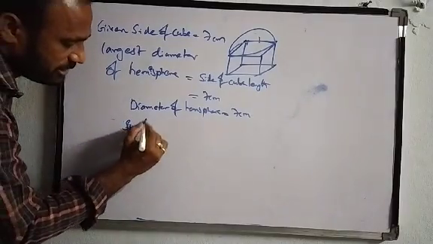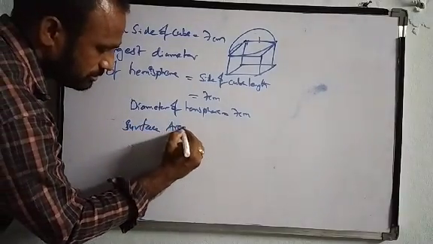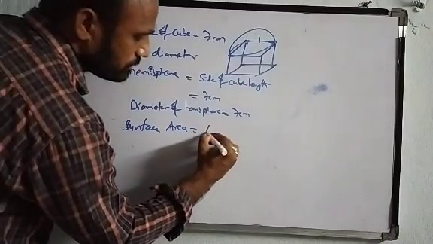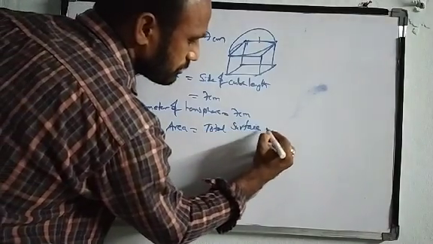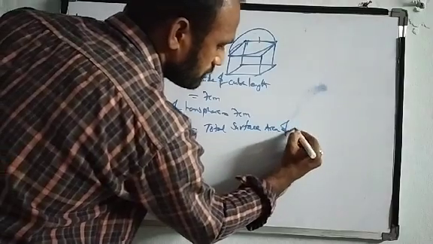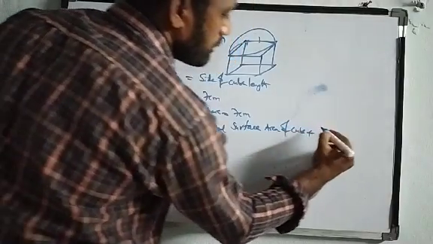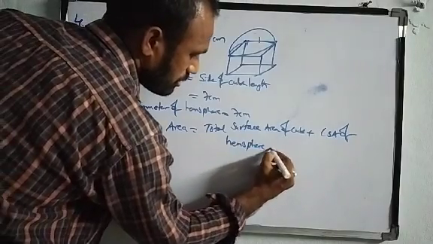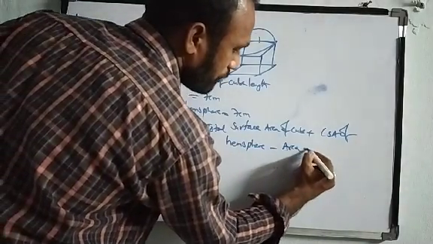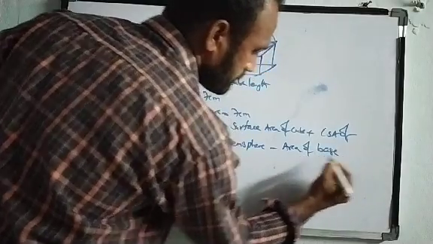Here surface area is equal to total surface area of cube plus curved surface area of hemisphere minus area of base.